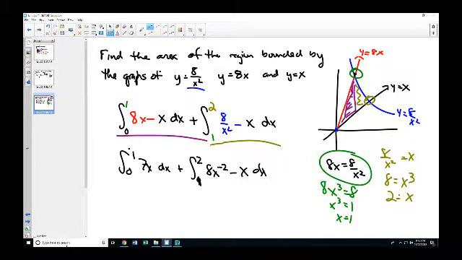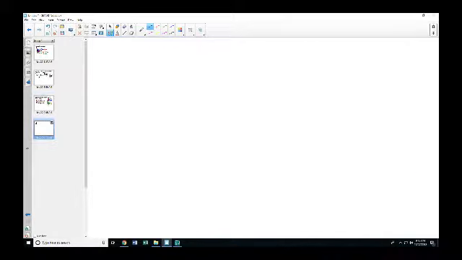Okay. Let's try one more. This happens now and again on the AP exam, unfortunately. Calculate the area between the curves.